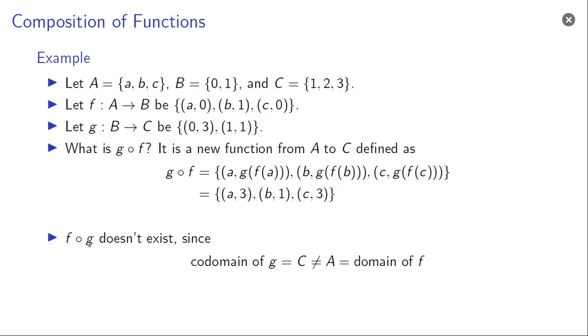Because you do g, you get some outputs, and then you apply f to those outputs. But that's not the case here. The codomain of g is the set c. The domain of f is the set a. c and a are not equal to each other. So therefore, f circle g doesn't exist.